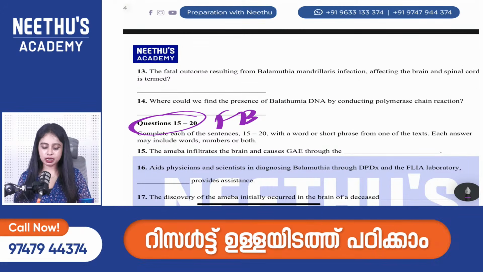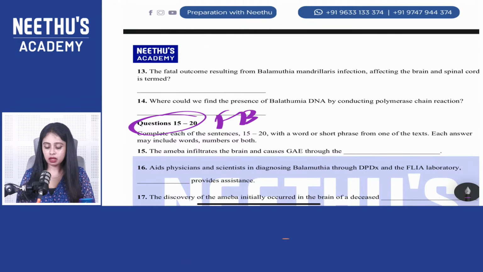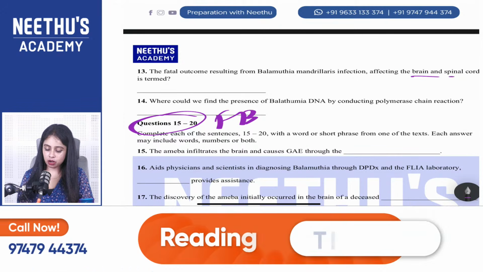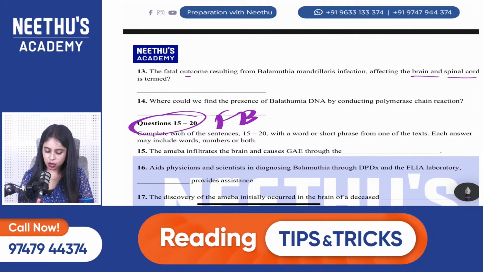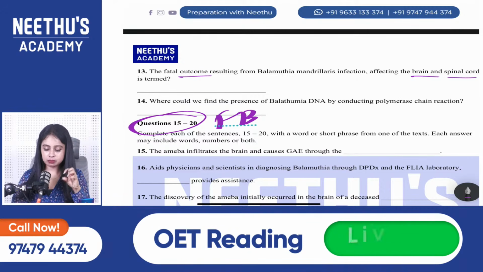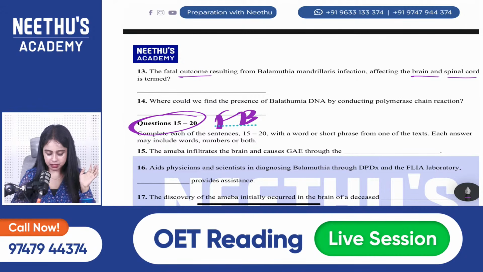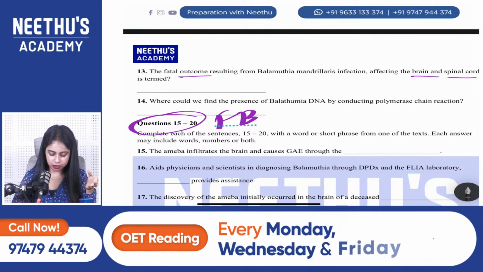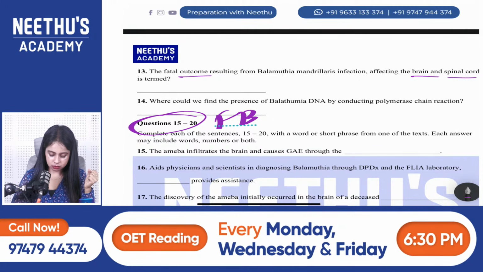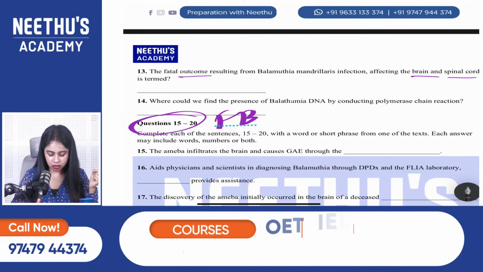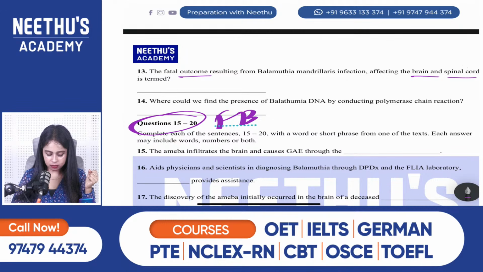Thirteenth one. The fatal outcome resulting from this infection, affecting the brain and spinal cord, is termed. So outcome, brain, spinal cord. Where are these mentioned?